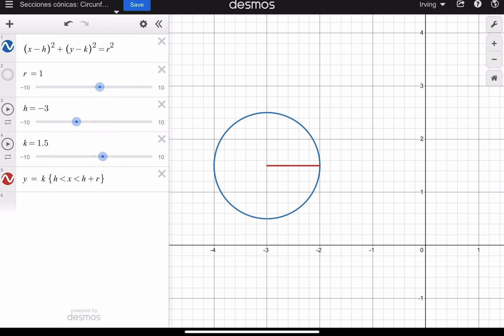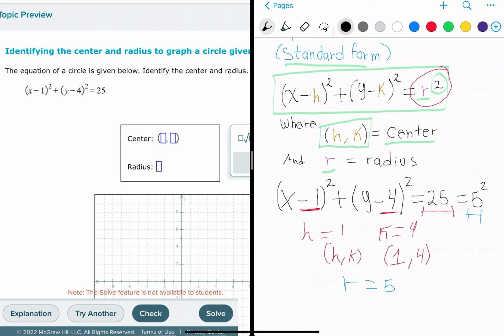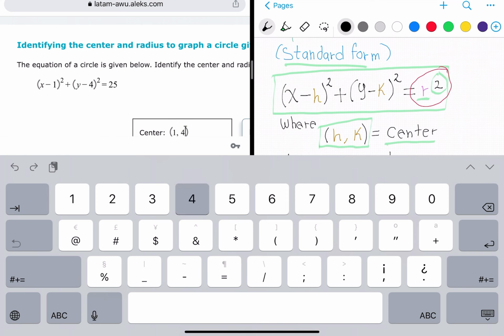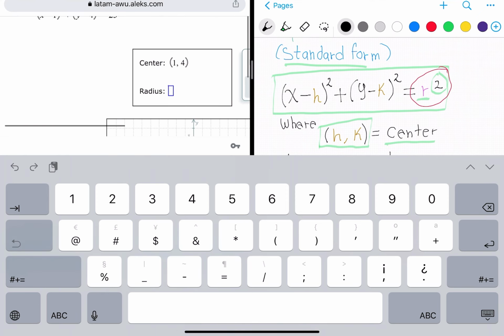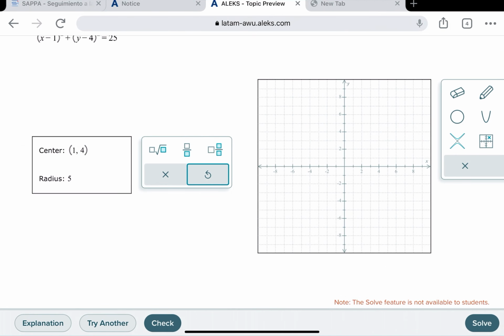Okay, and that is what we are asked to do in Desmos. First I know that the center is (1, 4), so I will write that here, and the radius is 5. But I still have to do the drawing. To do the drawing, I use the circle tool.